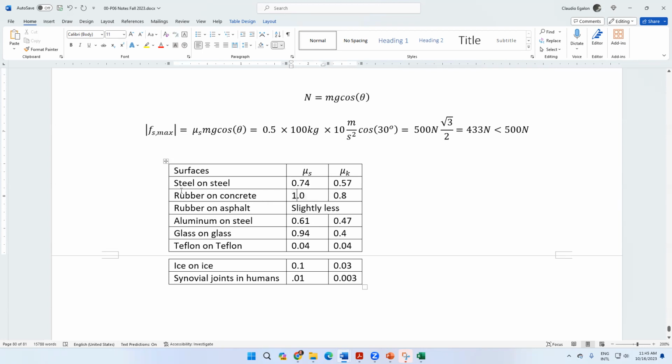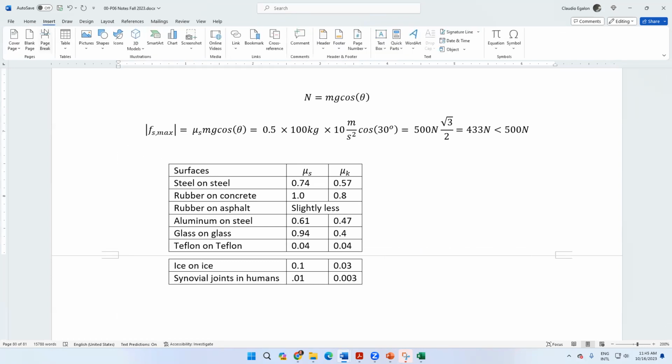So in a way, it's safer to drive on a concrete surface than on an asphalt surface. It's slightly safer. Aluminum on steel, glass on glass, Teflon, ice on ice. And the synovial joints in humans, look at the low value of the coefficient of friction. Very small, right?